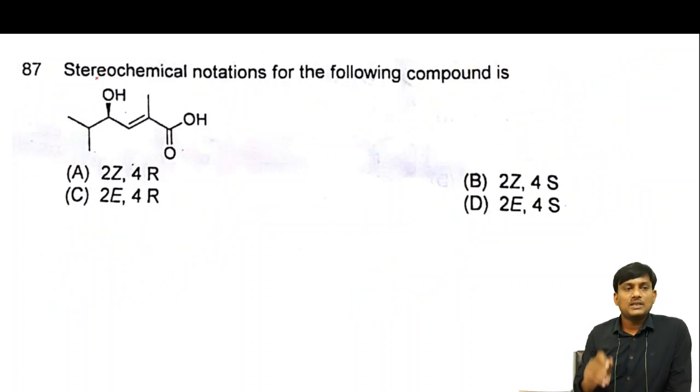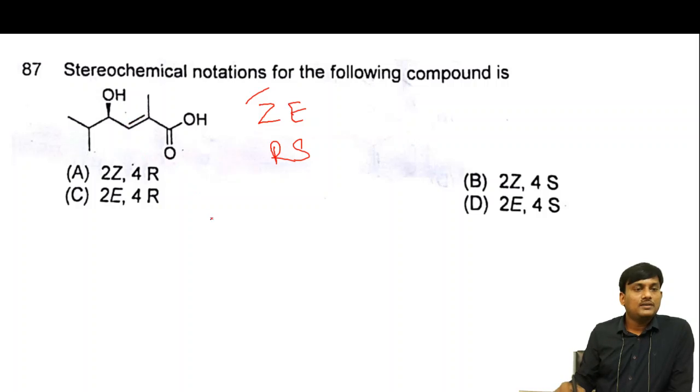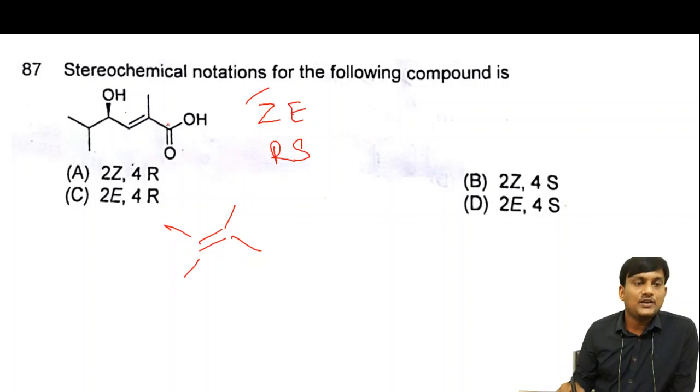The stereochemical notations for the following compound: you have to identify the configuration, R or S, and E or Z. Suppose you take this double bond. What are the substituent priorities?